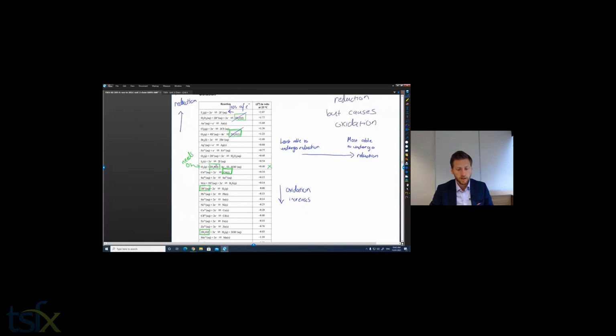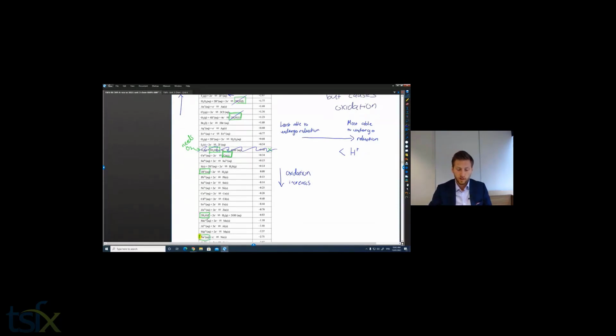This water can be reduced, but it requires oxygen, so it can't work without oxygen. So we cross that one off as well. That's not the equation. This copper is already reduced. It can't be reduced. So the only one that can be reduced, or most able to undergo reduction, is actually hydrogen. So hydrogen here is the most able, the highest ability to be reduced. Then the second one is this water at negative 0.83 volts.